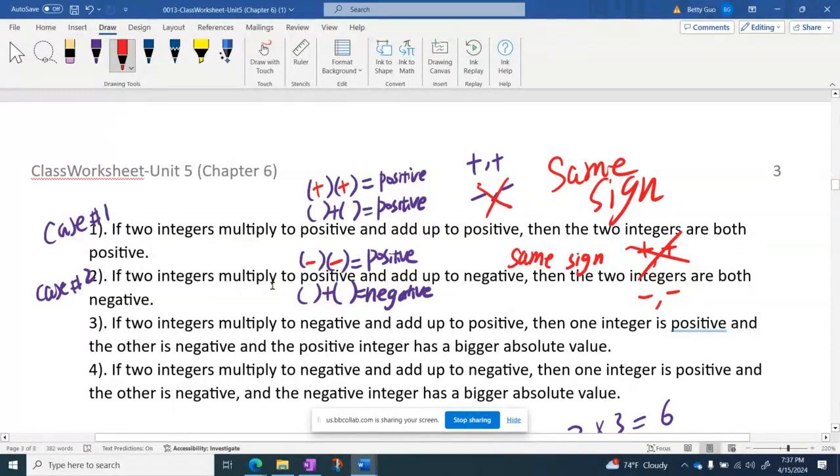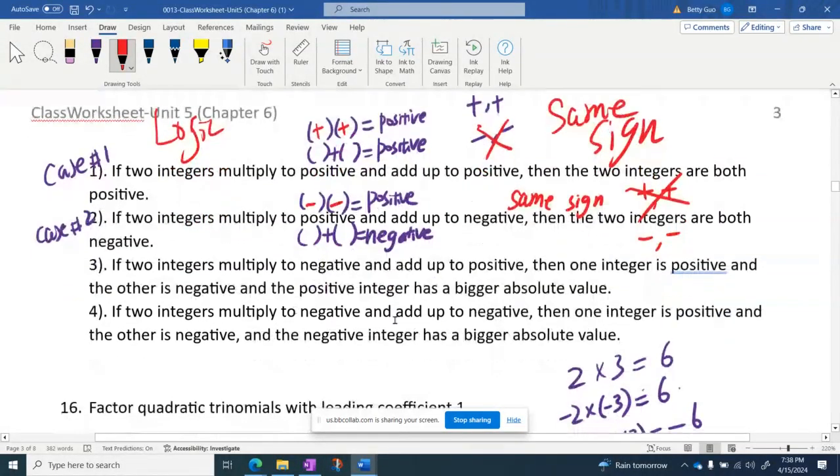And in case 2, the two integers multiply to positive and add up to negative. So the two numbers must have the same sign, right? Either both positive or both negative, but they cannot be both positive because they add up to a negative number. So the two numbers have to be both negative. It's using logic here, actually. But it's kind of confusing when I say positive, negative so many times.